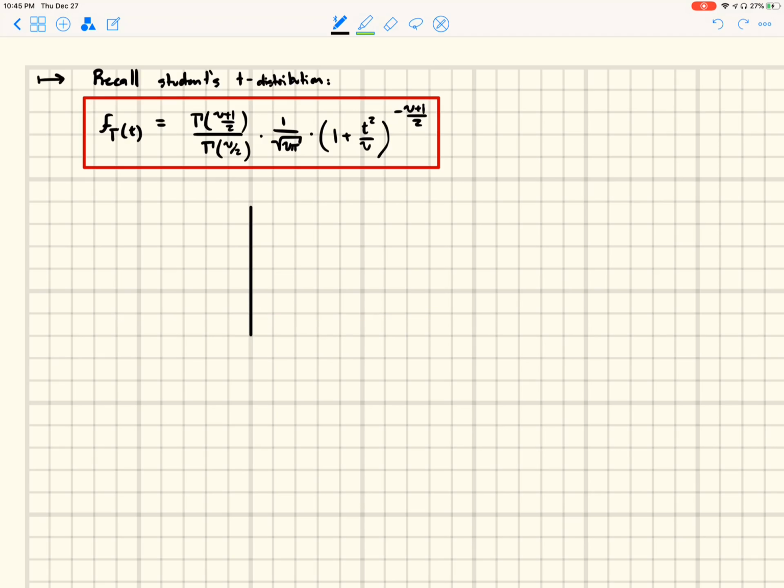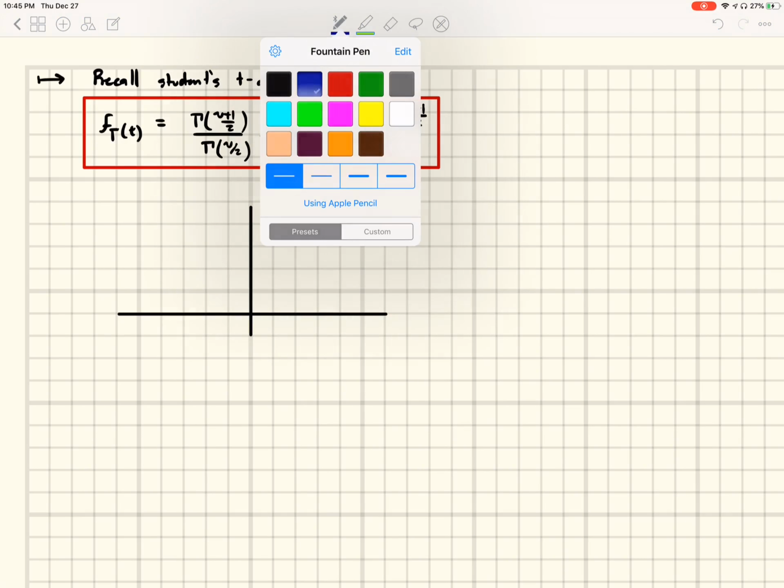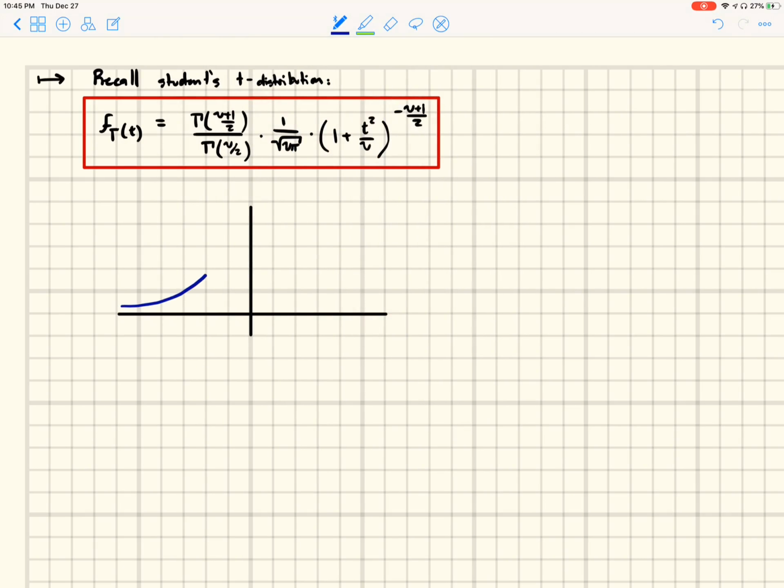So, we have a unimodal fat-tailed distribution here, and this unimodal fat-tailed distribution is Student's t-distribution.